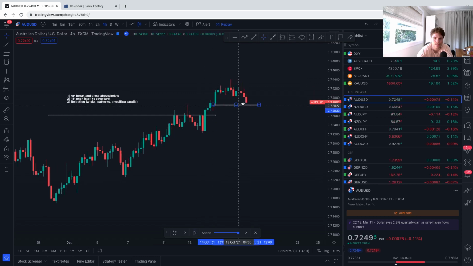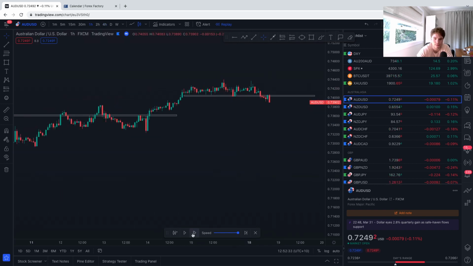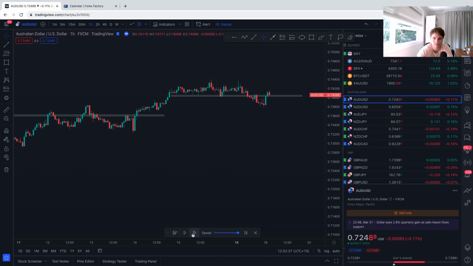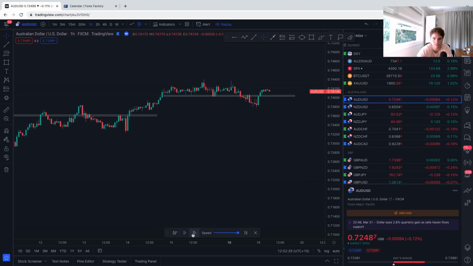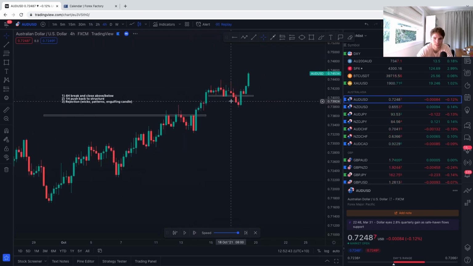Okay, here we go again. Possible reversal. Let's see if we can retest this level. It's coming back. Nope. Really making this last trade hard.